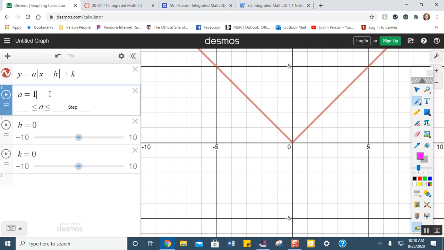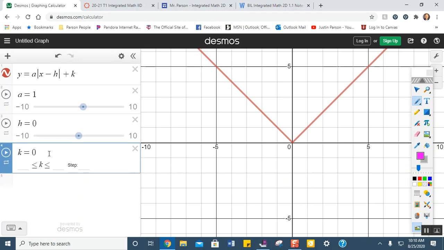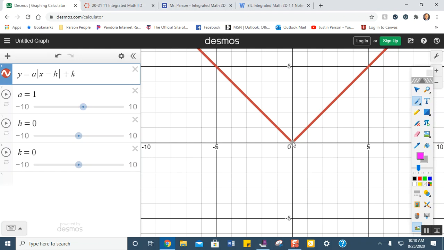I've set h to equal 0. And I've set k to equal 0. So what this really becomes is 1 times absolute value of x minus 0 plus 0. Most generally, kind of like what you saw on your notes in the top page there, your parent function is an absolute value function where your vertex is at the point 0, 0.